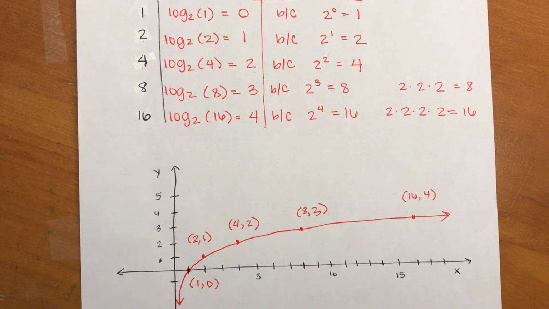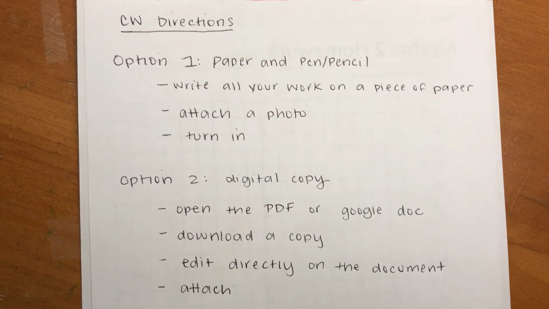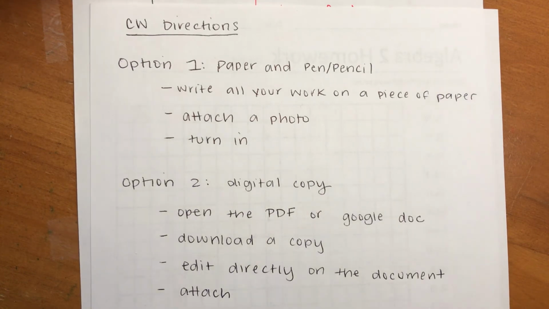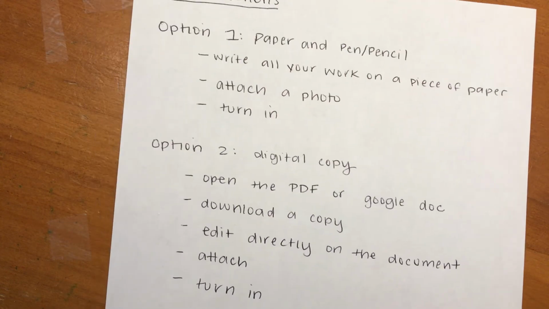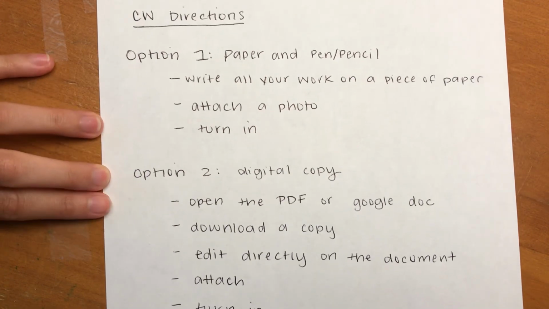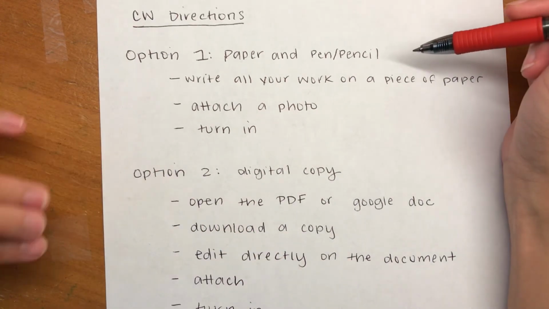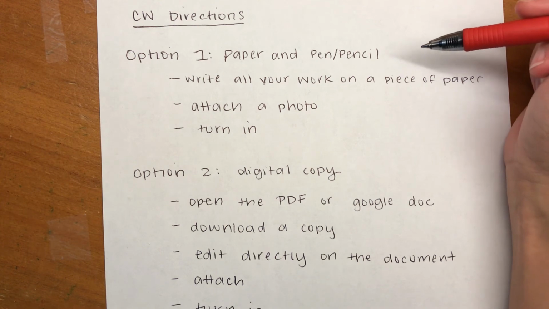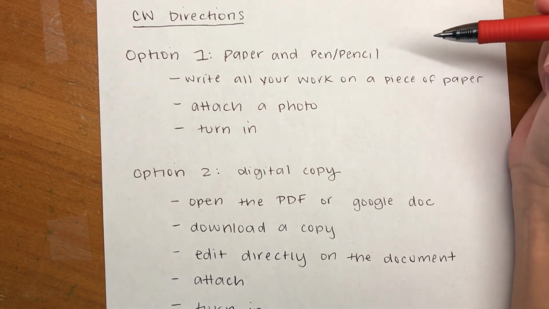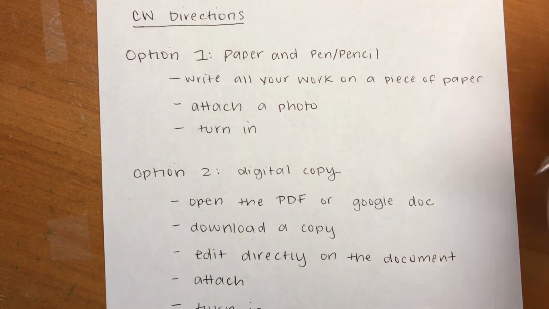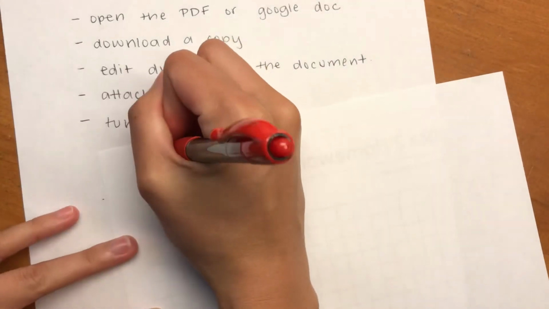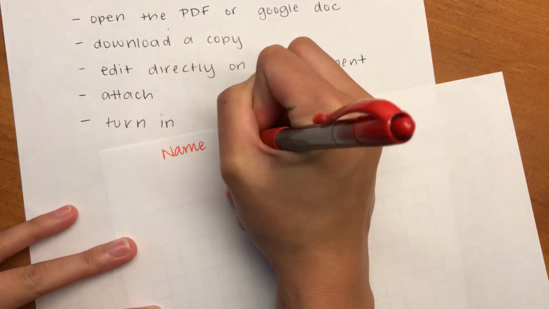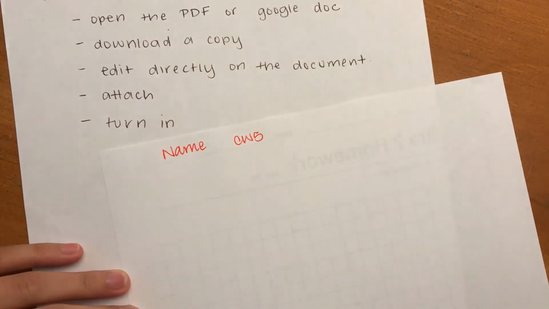Okay, so let's go over the classwork directions real quick. There's 2 options you have, and I'm going to be honest with you, I am much more familiar with option 1. Option 1 is you can complete the classwork on a piece of paper with a pen or a pencil. Write your name on it, write classwork 5 on it, and then complete all the problems, right?